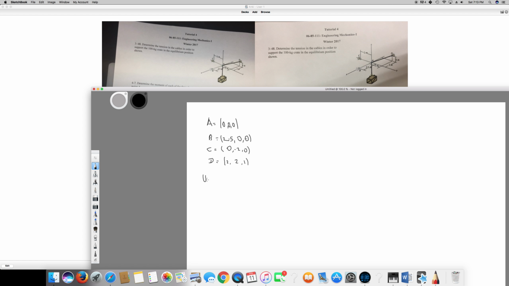UAB is going to be RAB over the magnitude of RAB.